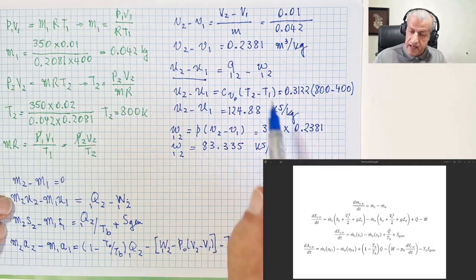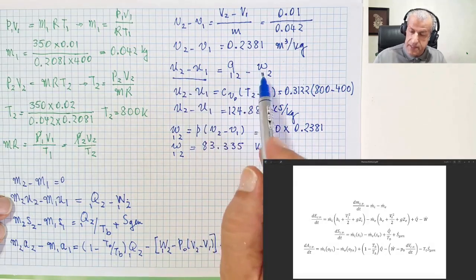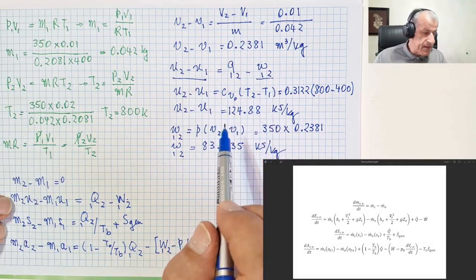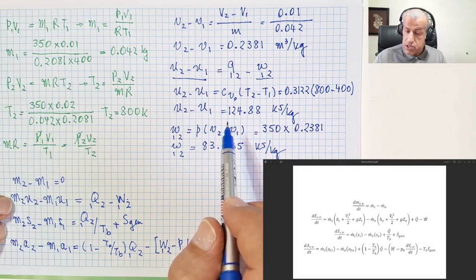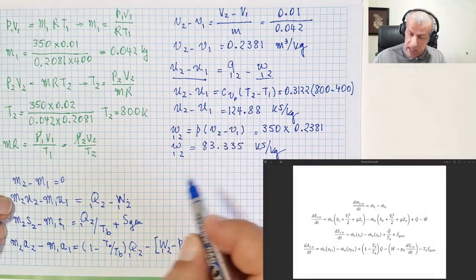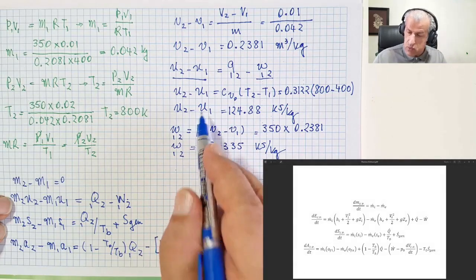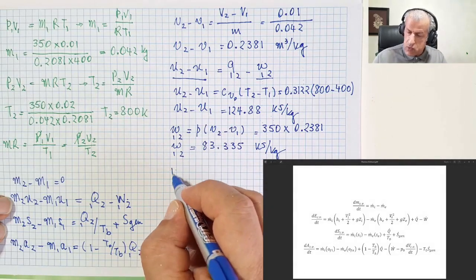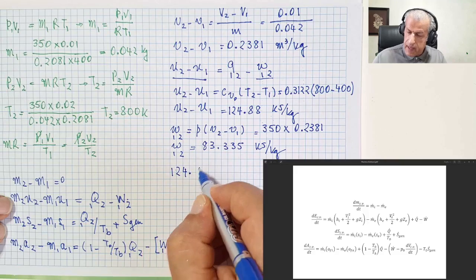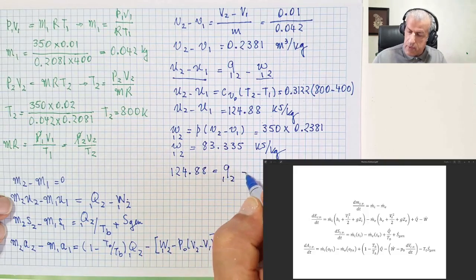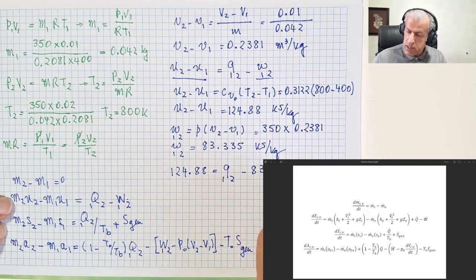Once we have calculated these two terms in the first law of thermodynamics, then we are in a good position to calculate heat transfer. So U2 minus U1, which is 124.88, equals Q12 minus 83.335.